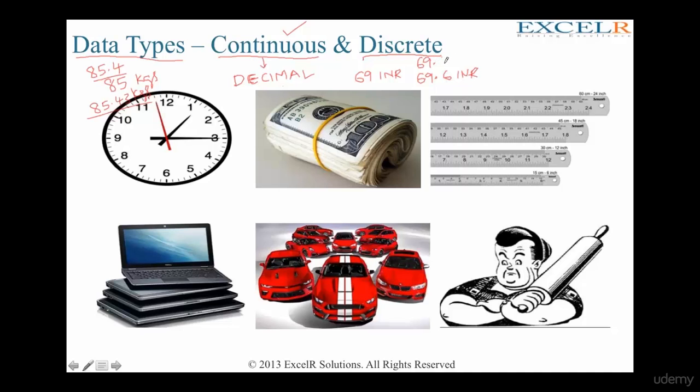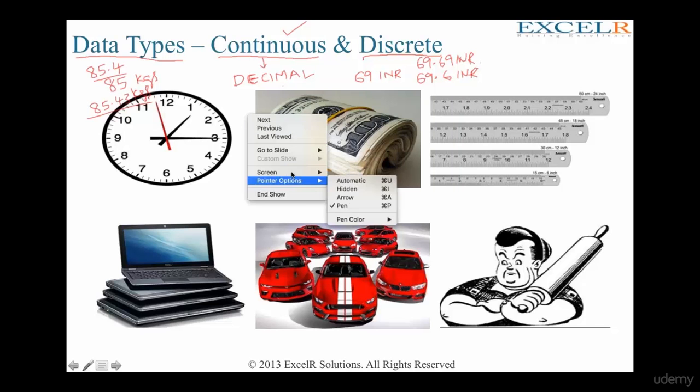If it is 69.69 rupees, then still it makes sense, right? So if you represent something in decimal format, and if it makes sense, that is called continuous data. Time, cost, distance, all these are classified as continuous data.